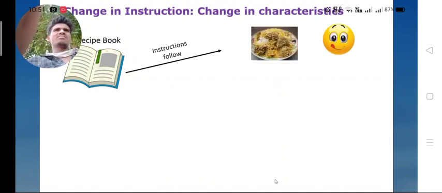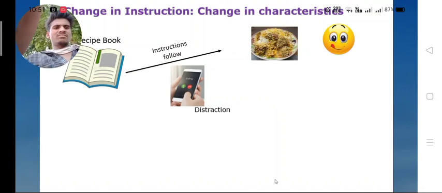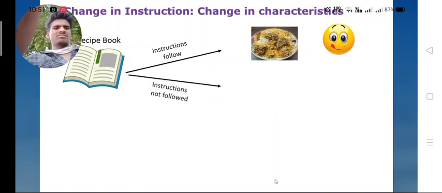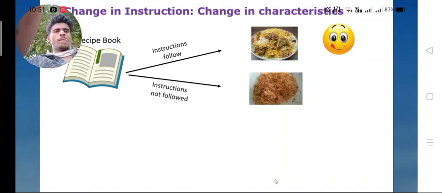But if there are some distractions, and because of these distractions you miss some information, probably you will end up with not a very delicious dish. So this is the difference. If you miss some instruction, the characteristics will change. And this happens in our genetic book of life also.